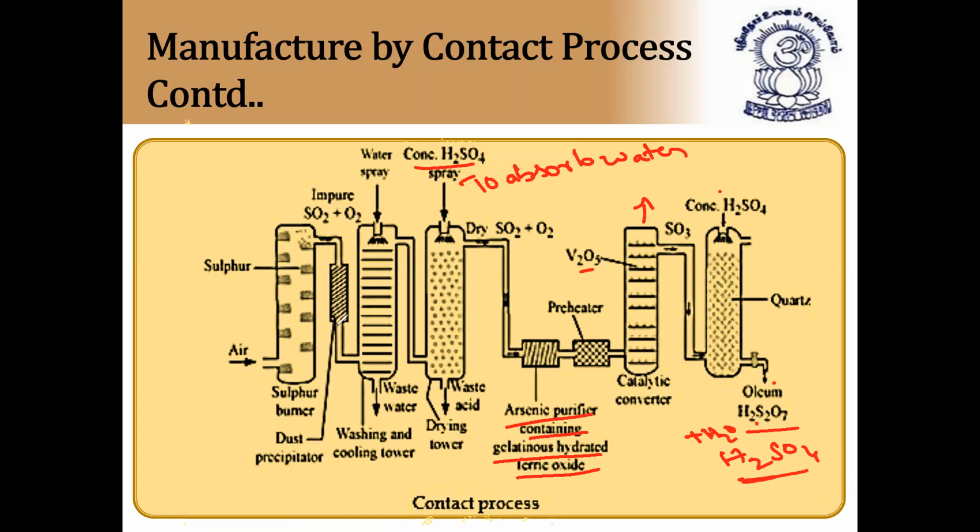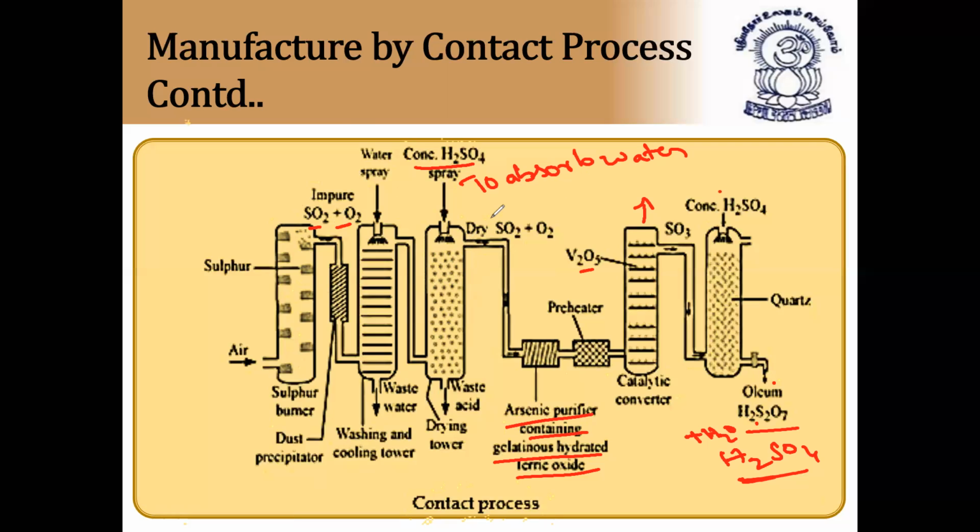First, sulfur burners will be taken, and air is blown into the sulfur burners. The oxygen from the air combines with sulfur, along with some impurities present in it. So this becomes sulfur dioxide and oxygen along with impurities. Then water is sprayed, so that the dusty impurities will be removed by the spraying of water, and to remove water they use a concentrated sulfuric acid spray, which will absorb water here.